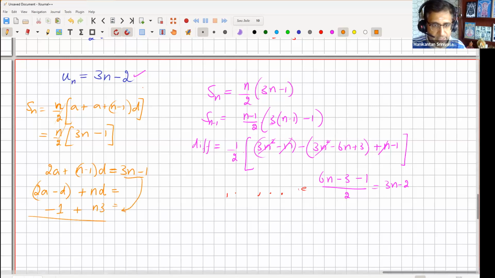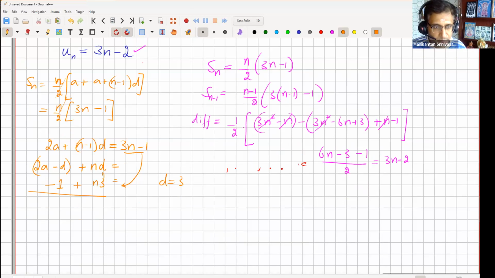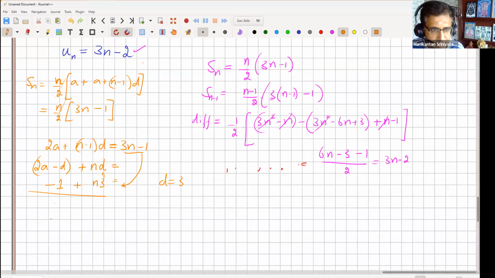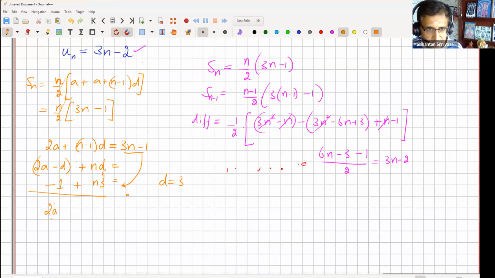So from this pattern recognition, I can see that my common difference d should match 3. The common difference d is 3. And then once I put d, I can find a, because 2a minus d should be my minus 1, right?